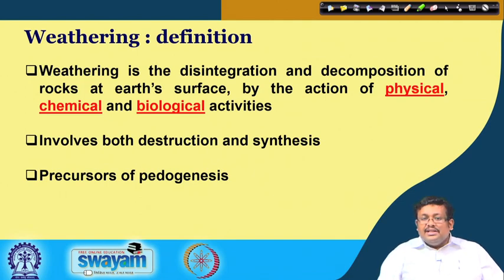So, there are no chemical changes. The chemical composition of the smaller fragments which occur through the physical weathering process has the same chemical makeup as that of the original rock. However, in case of chemical weathering, there will be a complete alteration of chemical characteristics from one form to another form. So, these are important aspects of physical and chemical weathering.